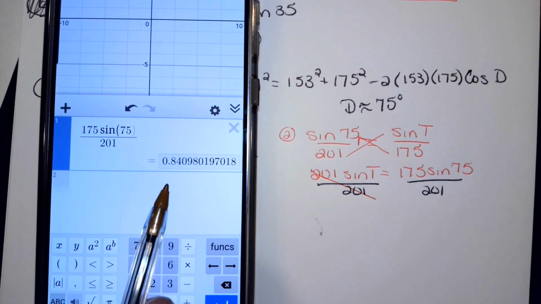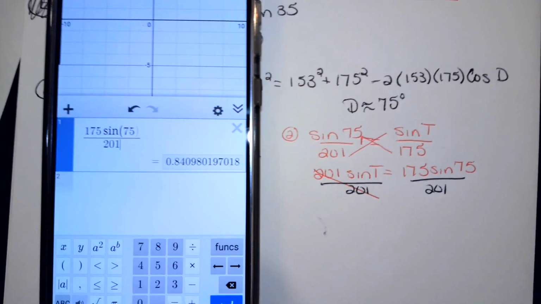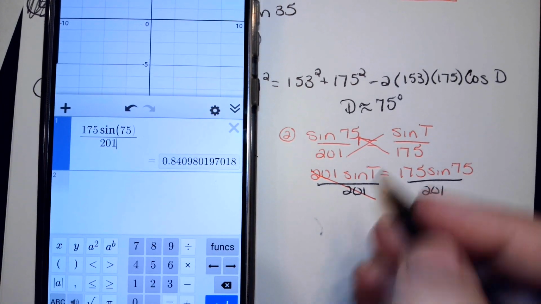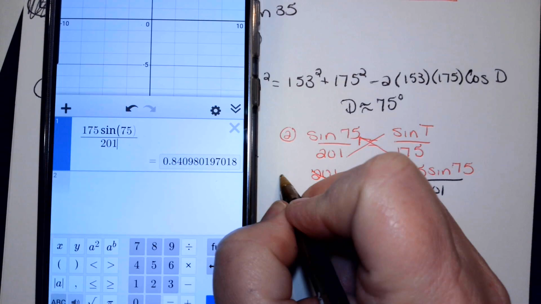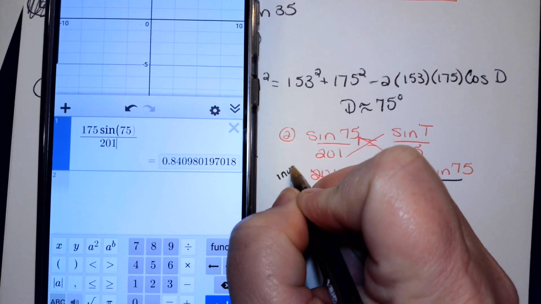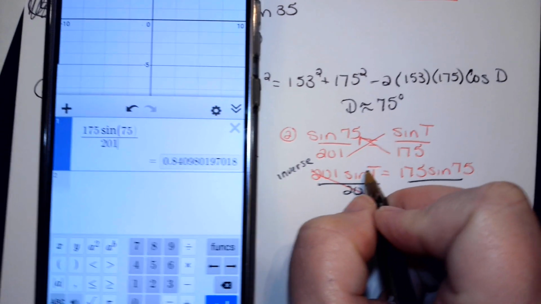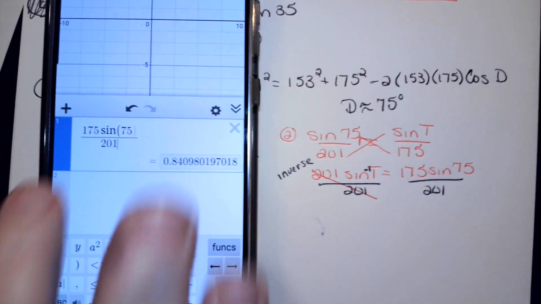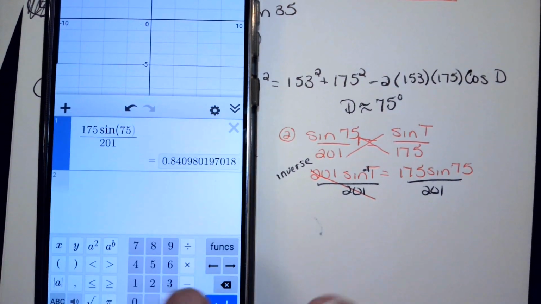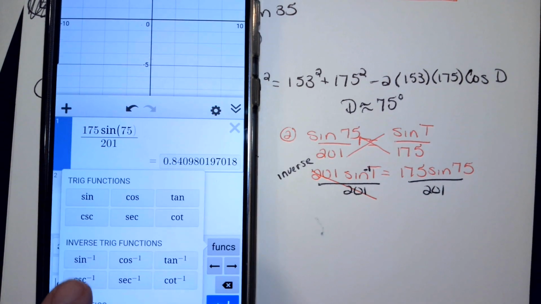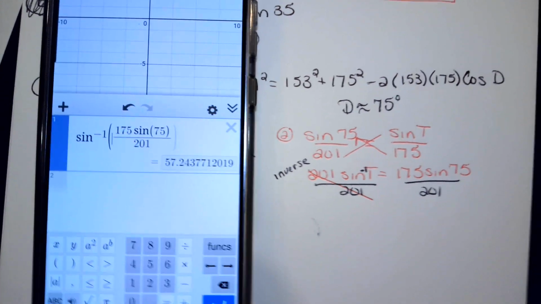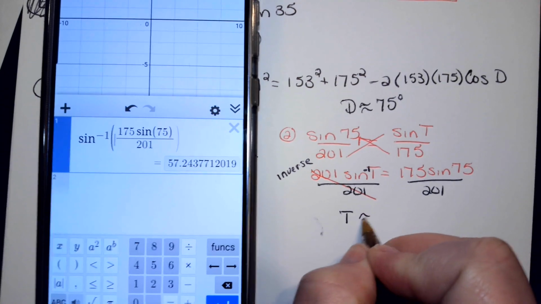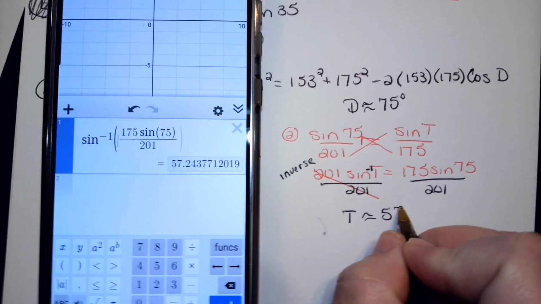All right, so we get 0.849, etc. But notice here, we are looking for the angle. And we know when we're looking for the angle, we've got to do the inverse, right? So that means that we've got to have that little negative one right there. So I'm going to come right here in the very front and do my inverse sine. So inverse sine. So here we get that angle T is approximately 57 degrees.